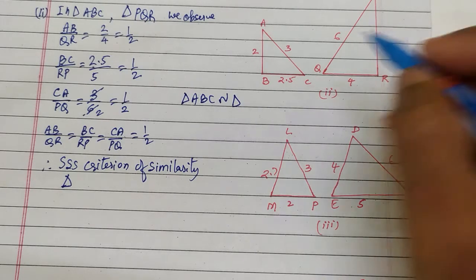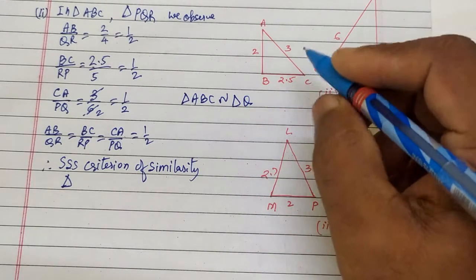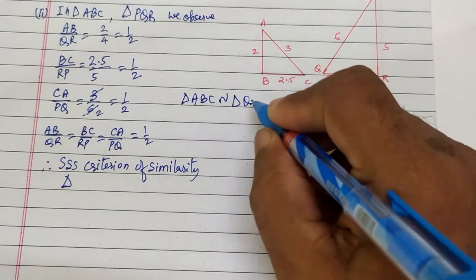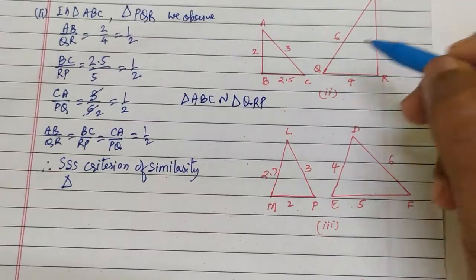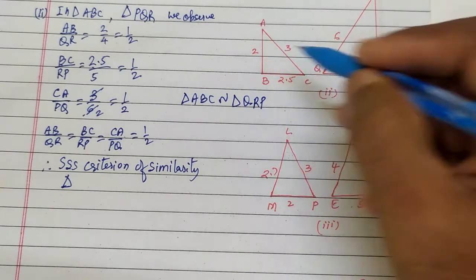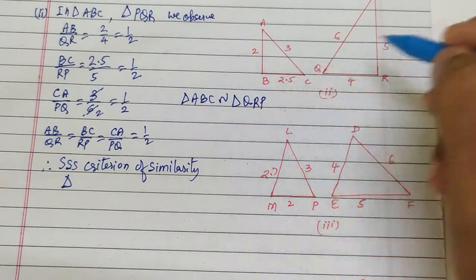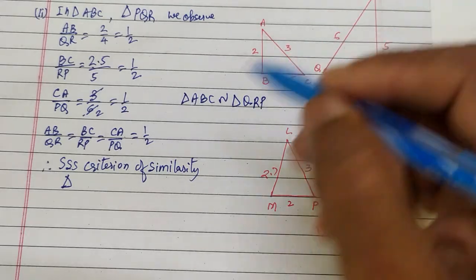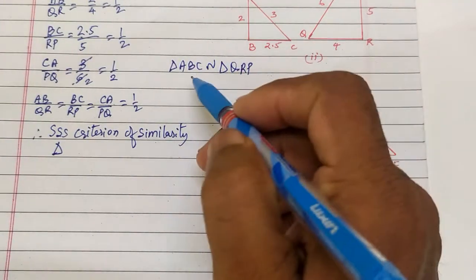ABC, QRP. First is 2, then it is 4, 2.5, 5. So it is the similarity criterion.